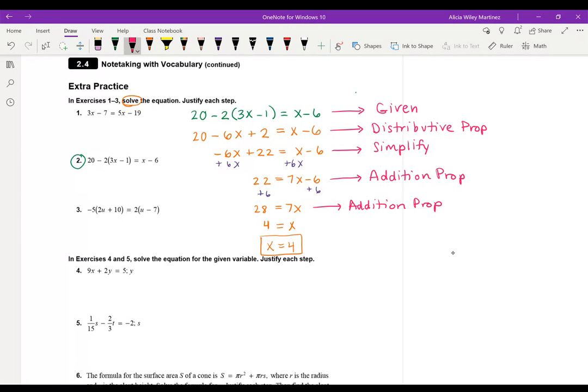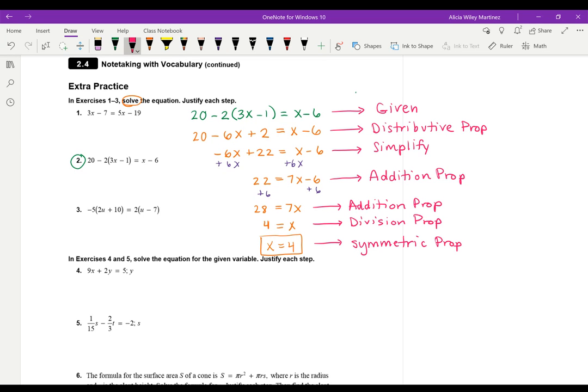And then, we're almost there, in the second to last step here, I divided both sides by 7. And if you divide both sides, that's called the division property. Again, abbreviating property. Now, I could have stopped there because they just said solve the equation. Technically, I've solved it. But I went ahead and I flipped the equation around. It says the same thing. It's just what was on the left is now on the right, and what was on the right is now on the left. And remember from page 52, when you flip the equation around, but everything else is the same, this is what we call the symmetric property.